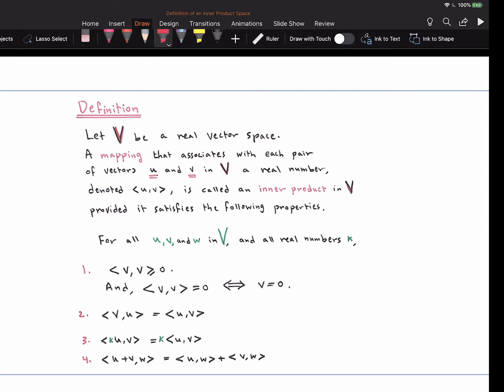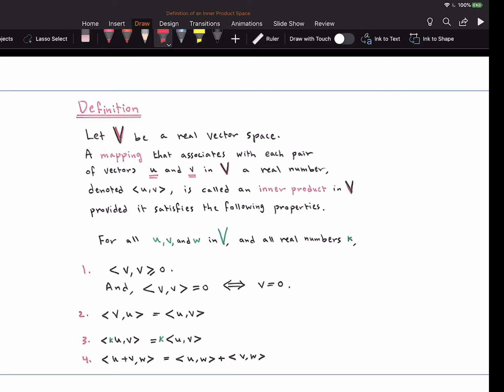For all u, v, and w in V and all real numbers k, the inner product between v and itself will be greater than or equal to 0, and it will be 0 if and only if v is 0.